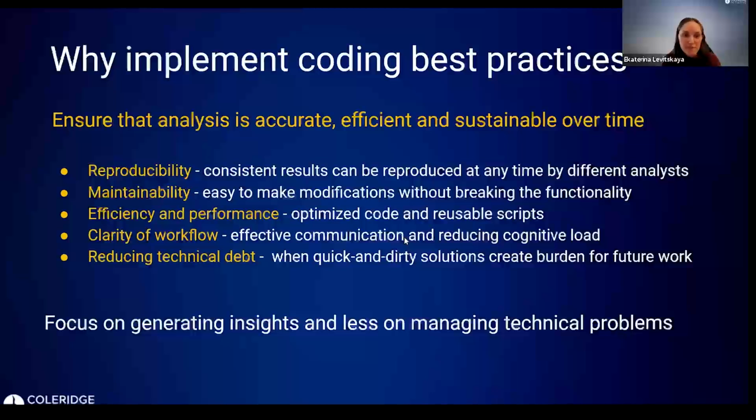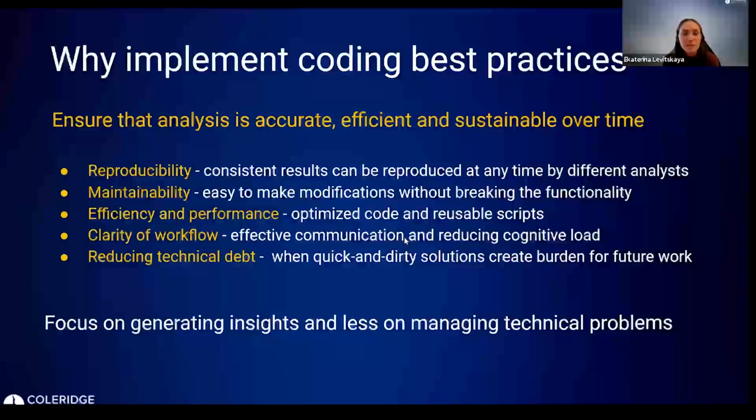logic or messy code. And we also wanted to introduce this term from software engineering, technical debt, which basically means, and probably all of us have been there, when we first try and we create just quick and dirty solutions just to make sure our code works in general. But that does create a burden for future work.